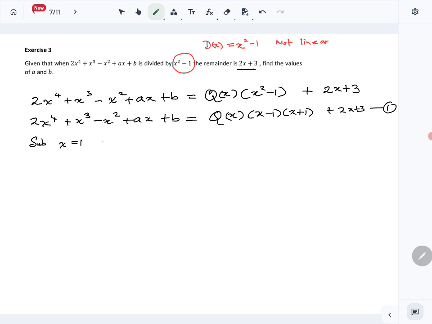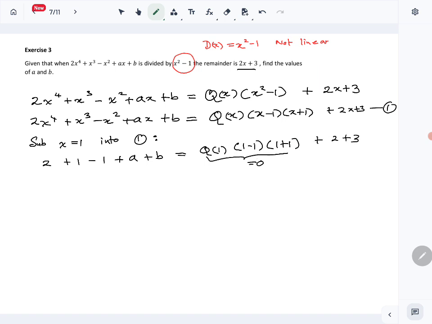Sub x equals 1 into equation 1. So 2 plus 1 minus 1 plus a plus b, q of 1, 1 minus 1, 1 plus 1, 2 plus 3. What happens?